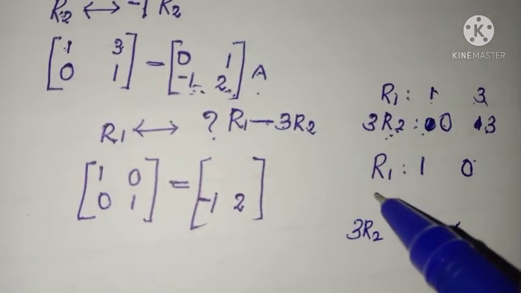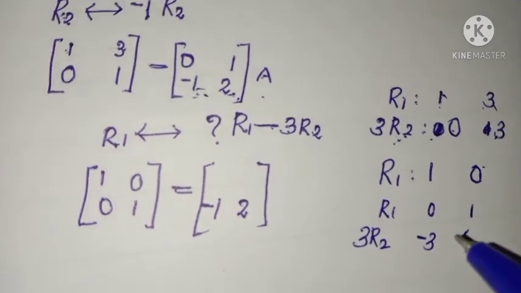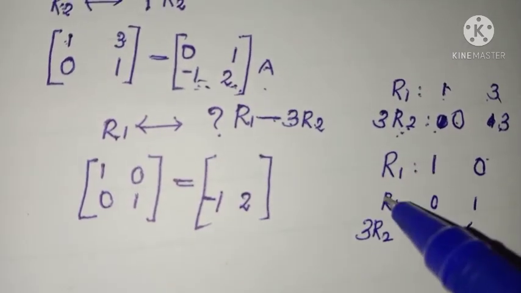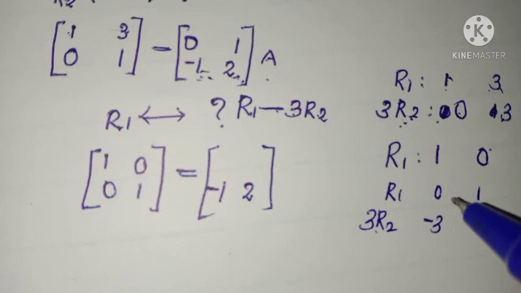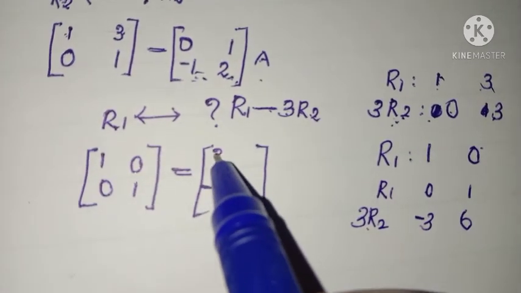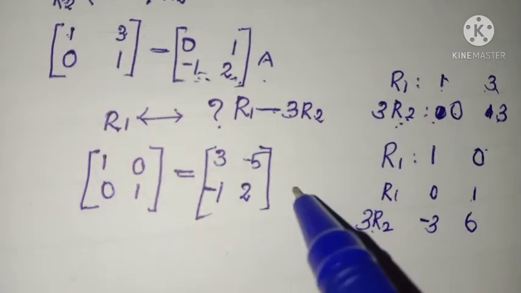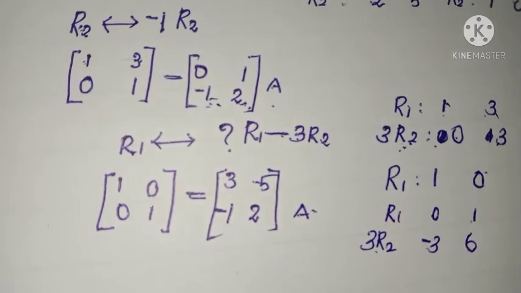What is R1? R1 is 0, 1. Now what is the transformation? R1 minus 3R2. So 0 minus minus 3, it is 3. 1 minus 6, minus 5 into A.